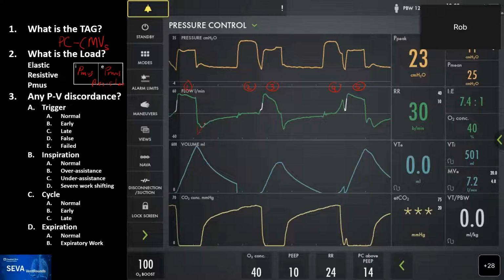So peak flow, the initial flow, is always going to be the delta P, which is peak minus PEEP. What's the PEEP? 10? So that's only 13 divided by resistance. So you get almost like 60 liters a minute. So I wouldn't suspect that would be a high resistance. It's more like high inspiratory effort bleeding into the expiratory time, which is why you cut off that little peak on your peak expiratory flow.